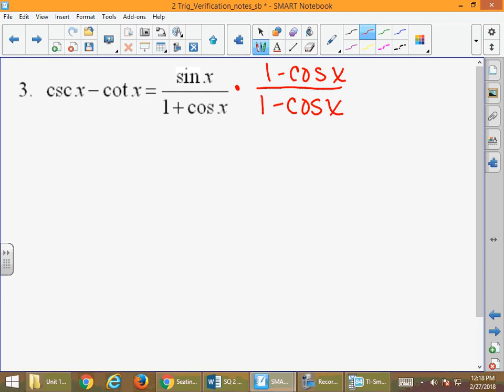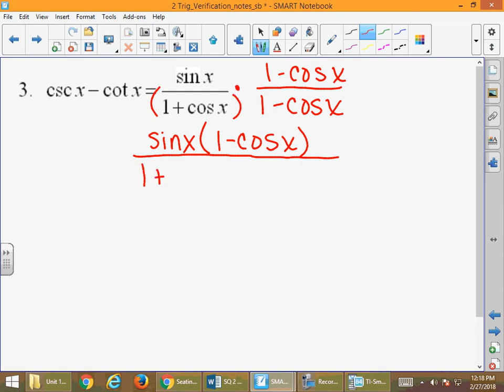So what we have left up here when we start that multiplication process is sine of x times 1 minus cosine of x. And I'm probably showing an extra step here. But then it's 1 plus cosine of x times 1 minus cosine of x.